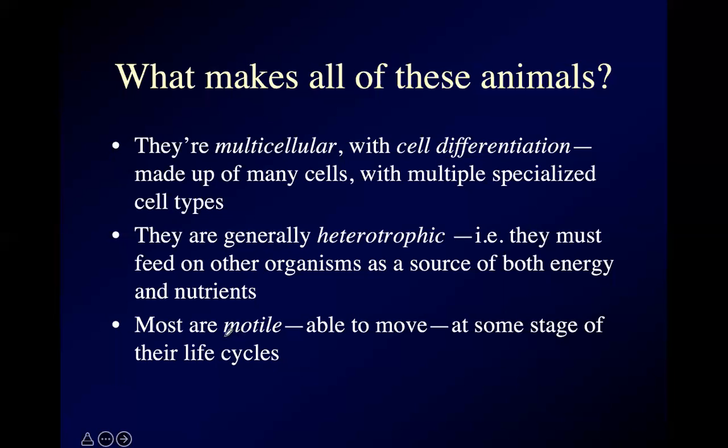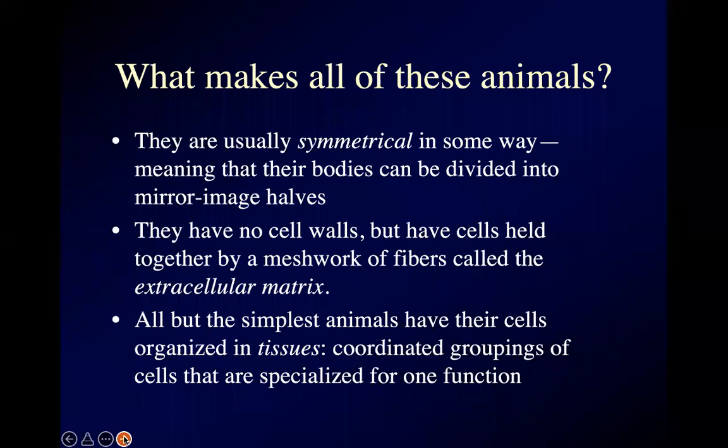Most animals are motile, which just means they're able to move at least some stage of their life cycle. Animals like corals and sponges generally can't move as adults, but they do have larval stages that do in fact move quite a bit. So most animals are motile for at least part of their life cycle.